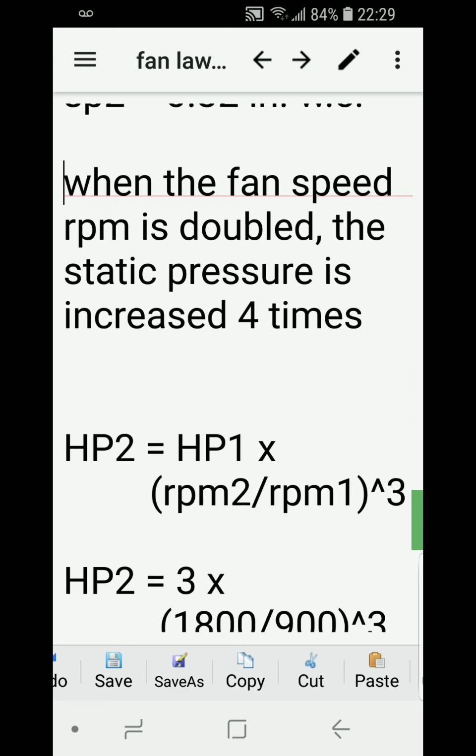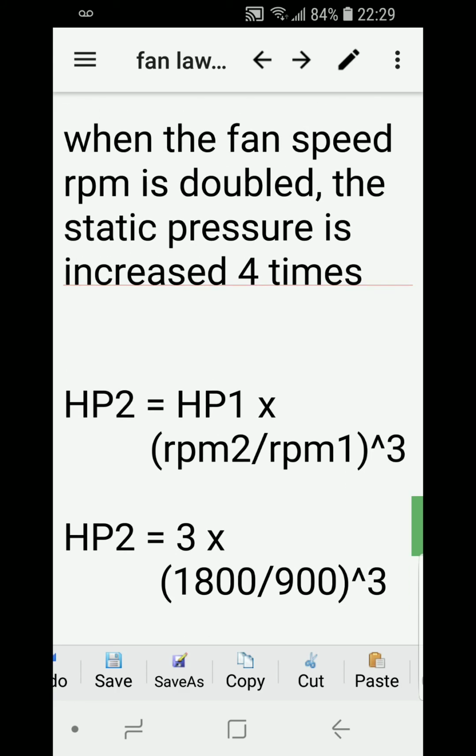Now finally, let's see what happens to the horsepower, or the power input to drive the fan. And so horsepower 2 is equal to horsepower 1 times the ratio of the RPMs cubed. That's fan law number 3.